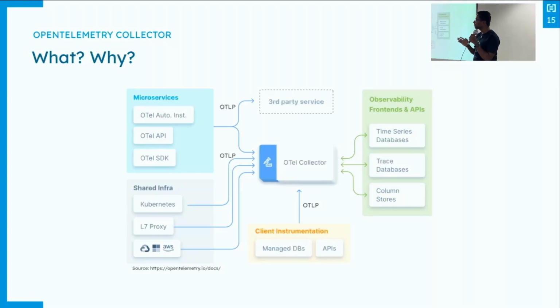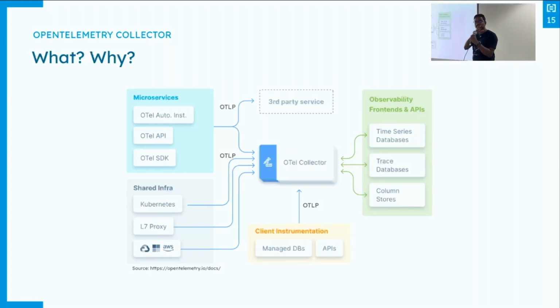This collector sits between our application and the observability backend, and you may think, is it really required? Our application is generating OTLP data, and the vendor is capable of receiving OTLP data. Why do we need a collector in between? That is the obvious question that usually comes, so that is where we'll understand why it is required.